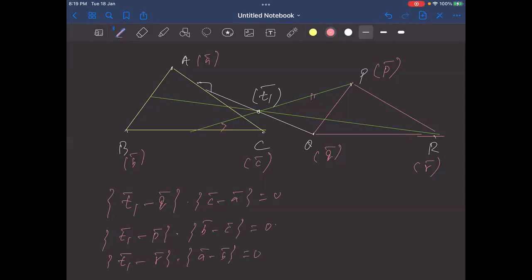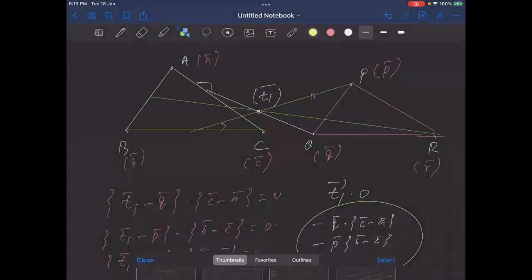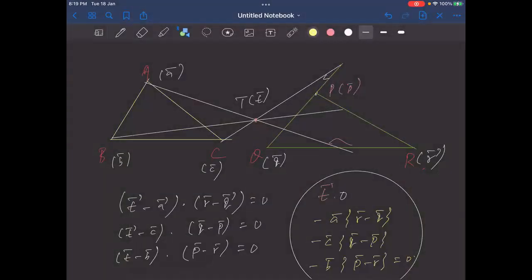If I'm adding these two and taking the concurrency with T1, we'll get 0 and we'll get minus a constant. This constant and this constant are both the same.